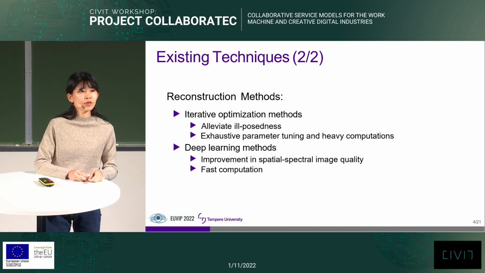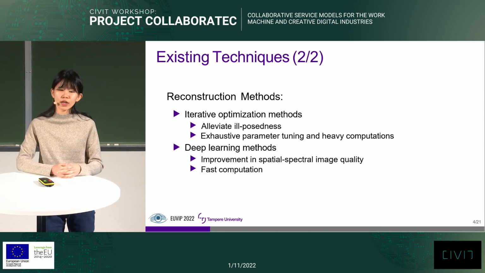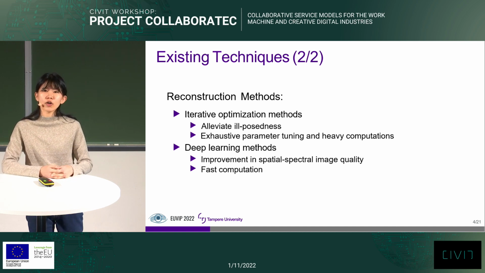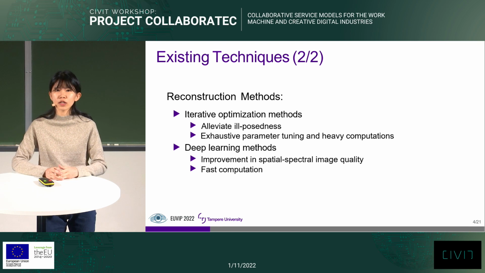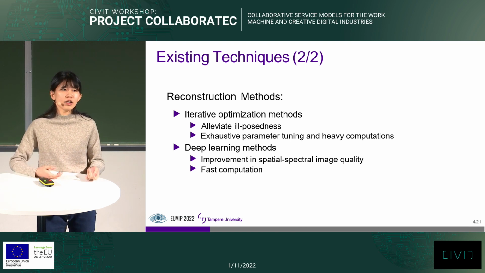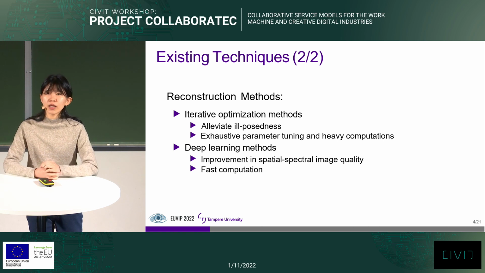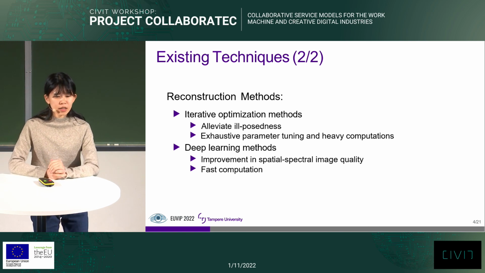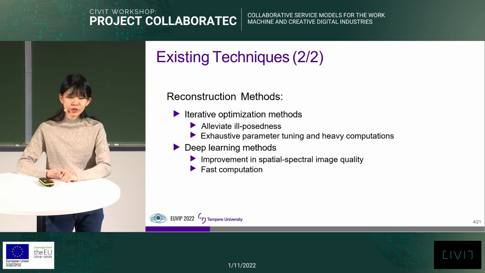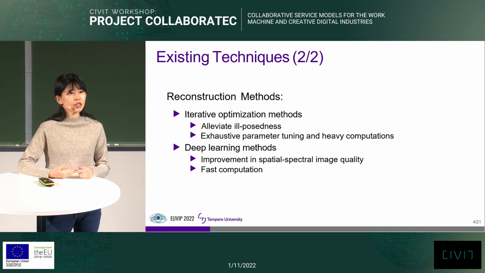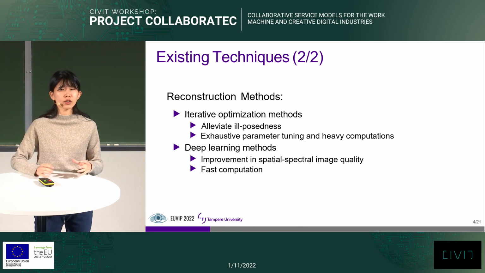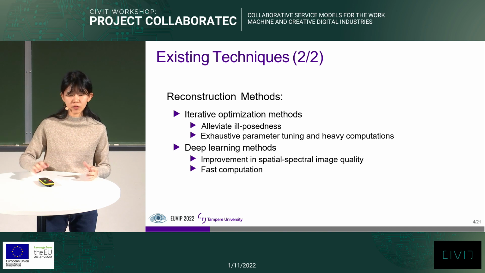First is the iterative optimization method, which is very effective for relaxing the ill-posedness, but it requires exhaustive parameter tuning, such as step size and how many iterations there should be. The deep learning method made a big revolution here because it could improve the spatial and spectral quality, and the optimization could also be done in a way shorter time.